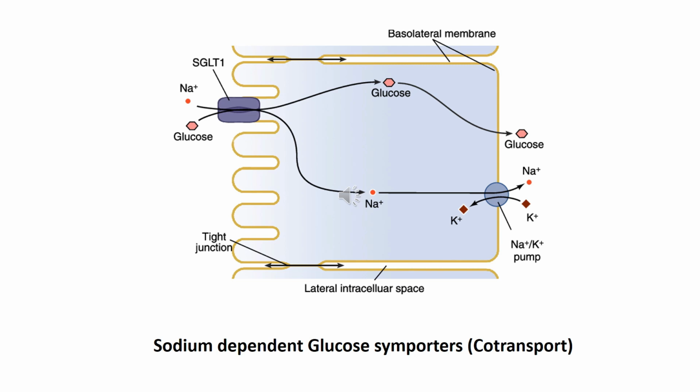This difference creates a membrane potential of minus 50 millivolts. And this free energy generates a 66-fold concentration gradient for an uncharged glucose molecule. So the import is driven by the change in the sodium concentration in the extracellular fluid.